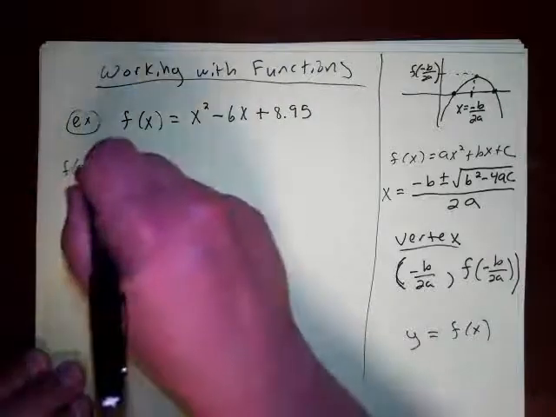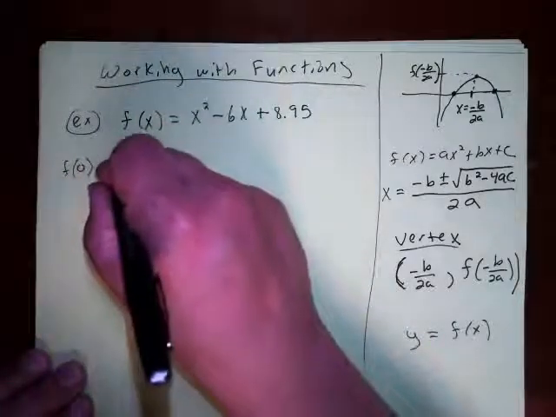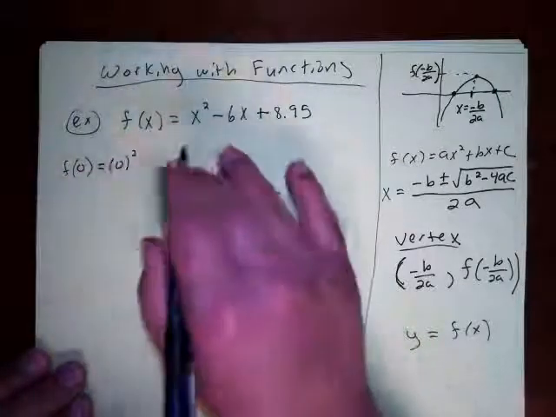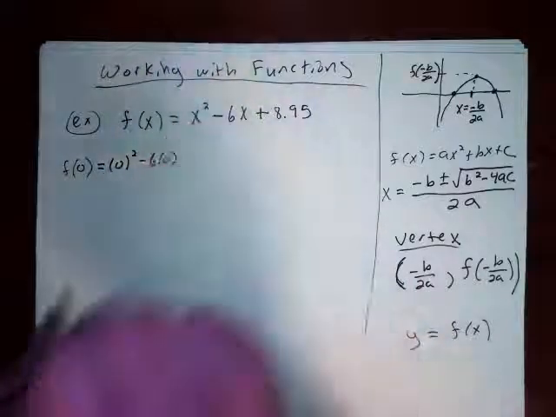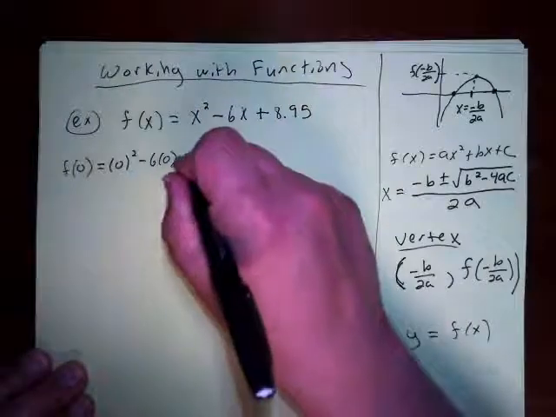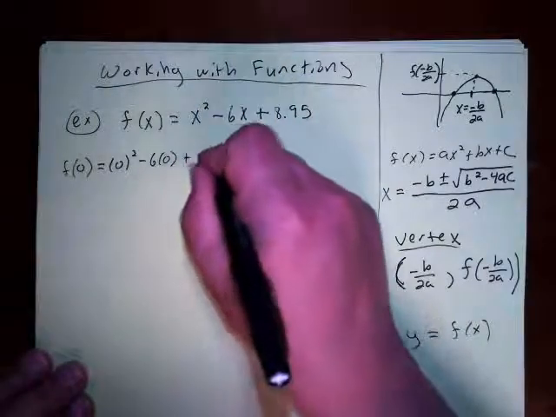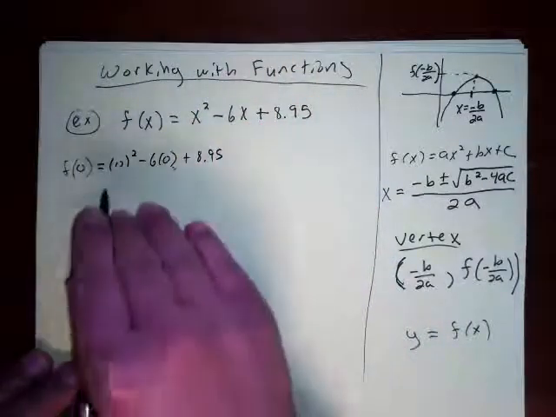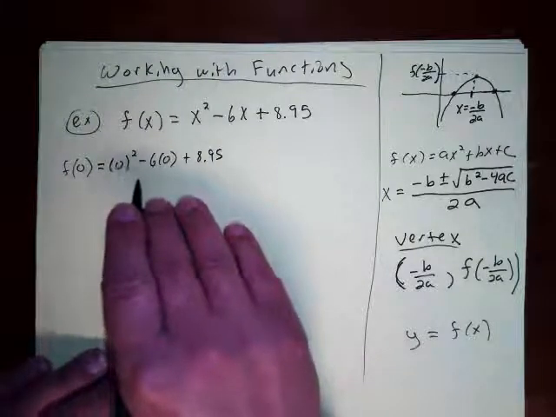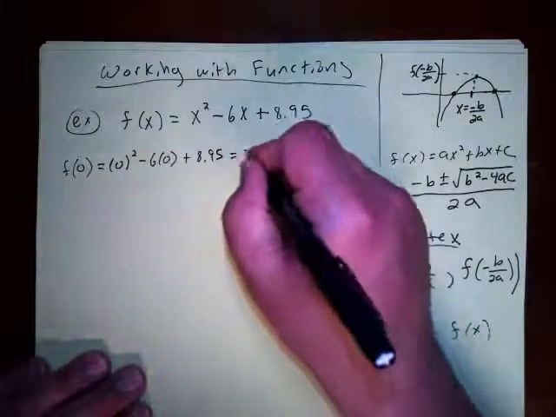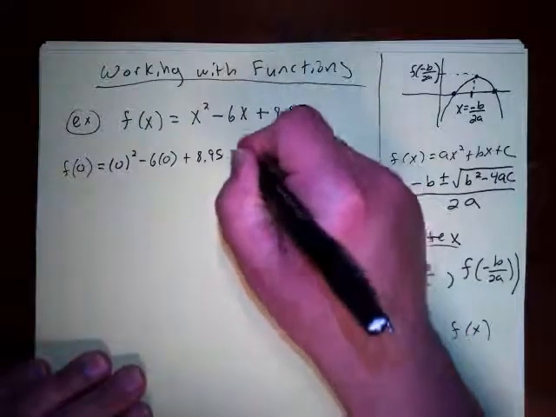Okay, so f of 0 is, and then in for my x, I would put in 0 each time, like that, and then plus 8.95, and then these would go away, and I would just get 8.95, right?